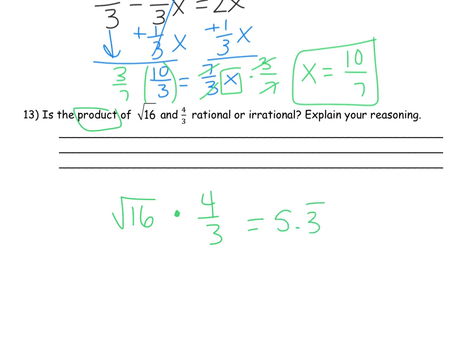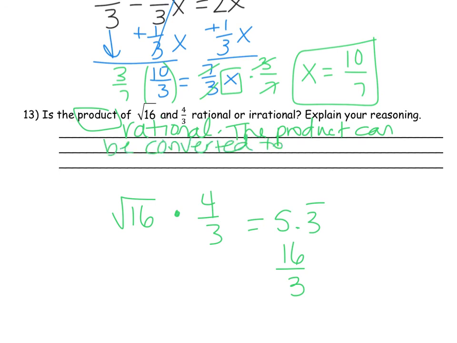And everyone and their grandmother knows that 5.3 repeating is rational because it can be converted to a fraction. So it is rational. The product can be converted to a fraction. And that's that.